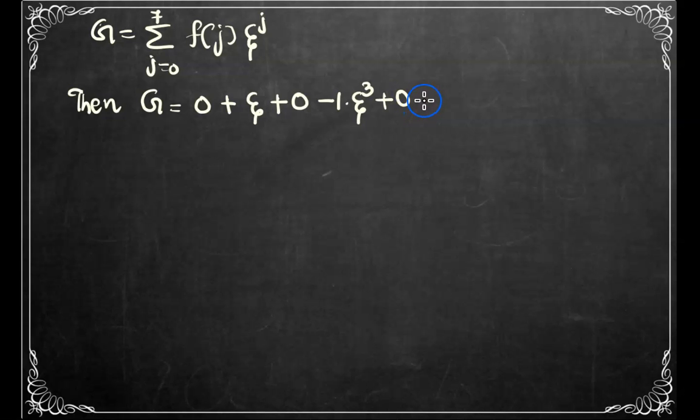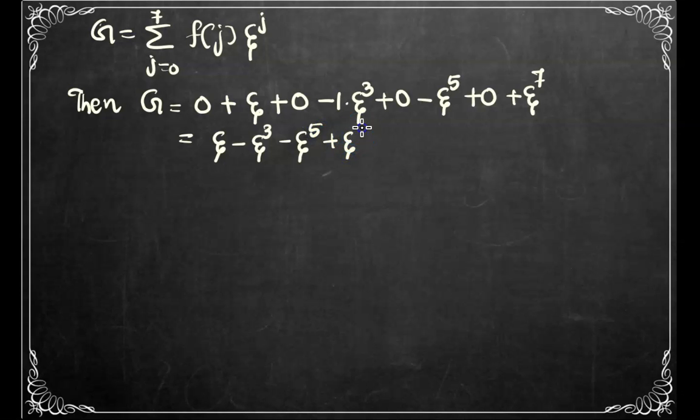into zeta raised to 4, plus f of 5, which is minus 1, into zeta raised to 5, f of 6 is 0, plus f of 7 into zeta raised to 7 will be plus zeta raised to 7, so that G is equal to zeta minus zeta cube minus zeta raised to 5 plus zeta raised to 7.